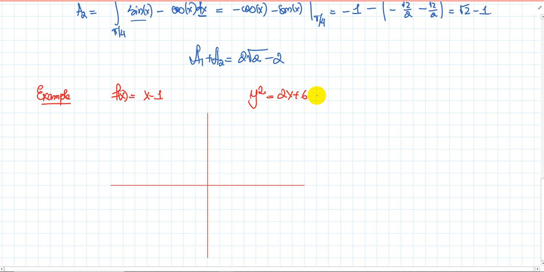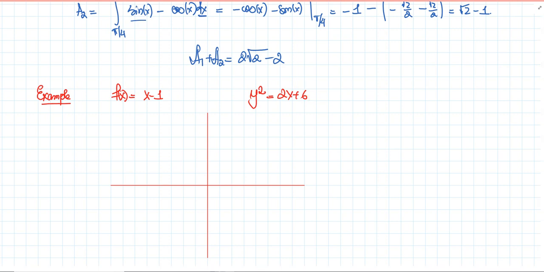What will be the most right point here? The most right point.